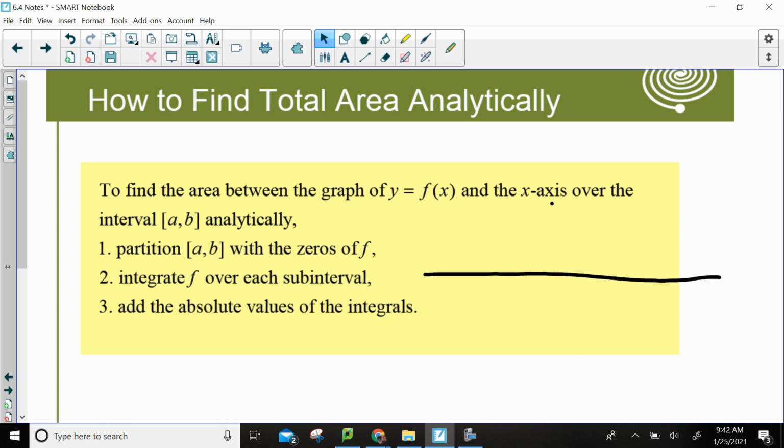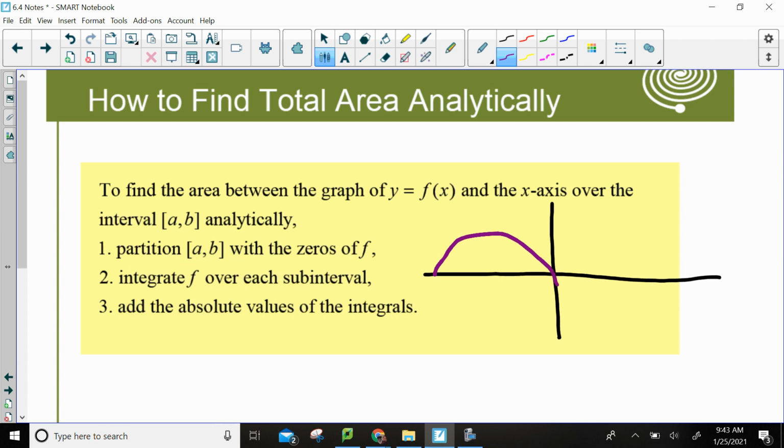Because if you have some function that has values above and below the axis, what you want to do is divide them, find the area of each piece, integrate each piece, and then add them as absolute values because we want total area.